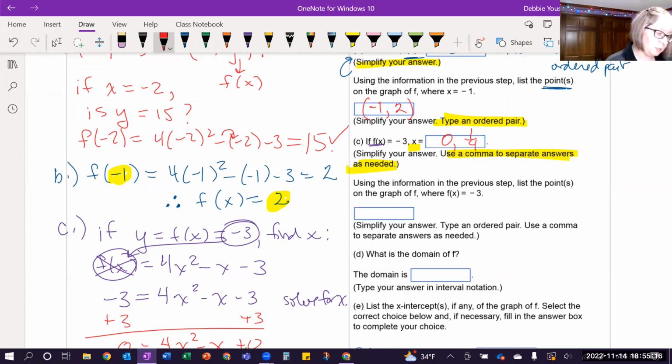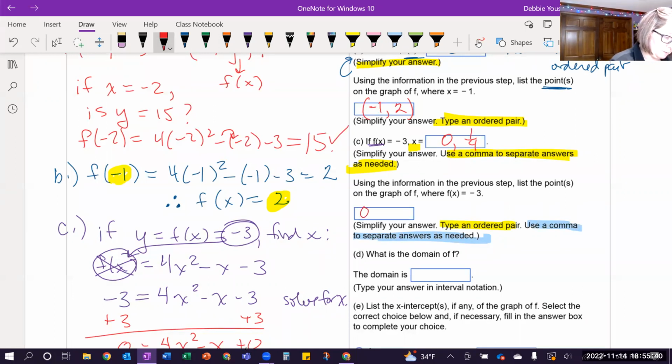Then it says, use the information in the previous step, list the point or points where this happens. Now again, it says type an ordered pair, and it says use a comma to separate answers. So each ordered pair is an answer. So you're going to have lots of commas. You're going to have the commas in the ordered pairs, and then you're going to have a comma between the ordered pairs. So remember, the output was -3.